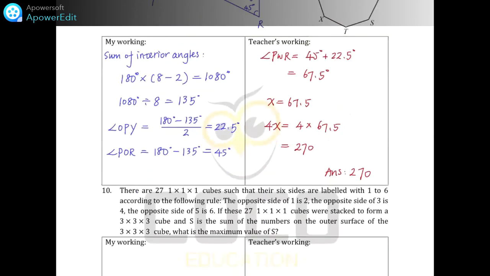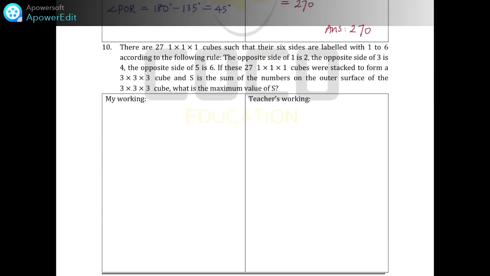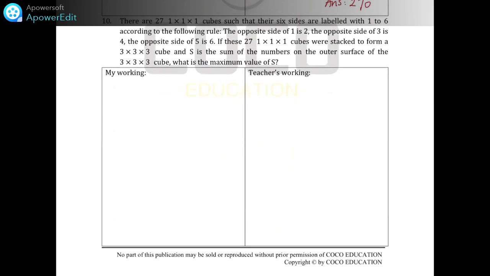So let's try the next question. So we have a 3 by 3 by 3 cube. Let's draw the figure first.